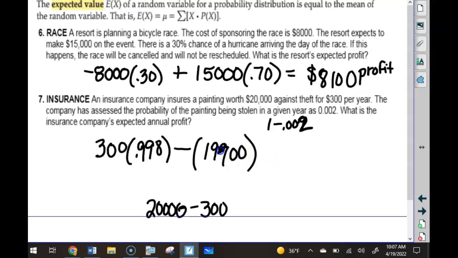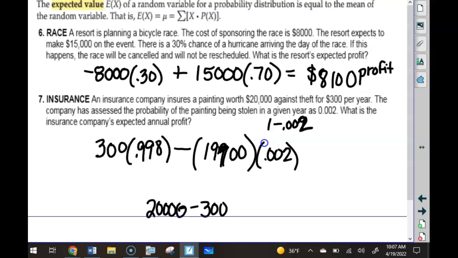So even if they end up getting the painting stolen and they have to pay the company, they don't lose a full $20,000 or pay the guy who owns the painting. Okay. So $19,700 will be lost, 0.002 chance. Okay.